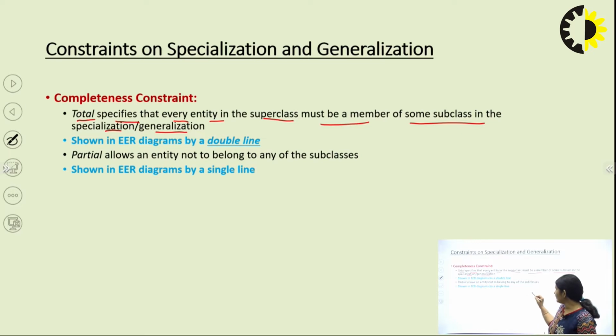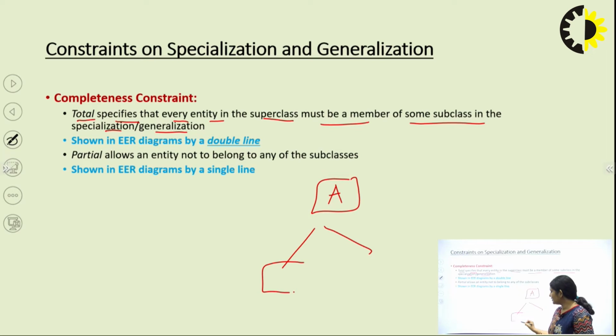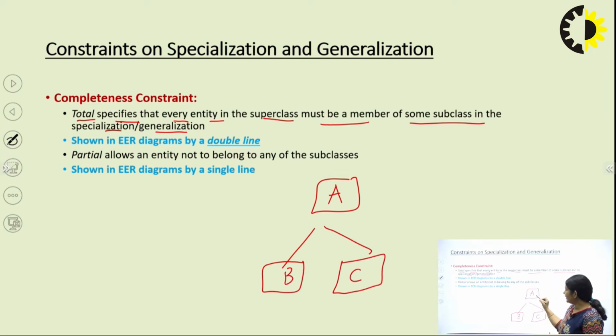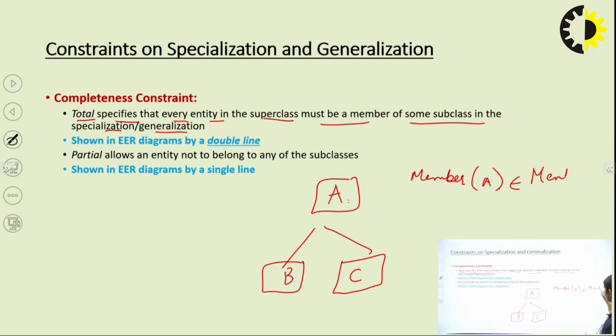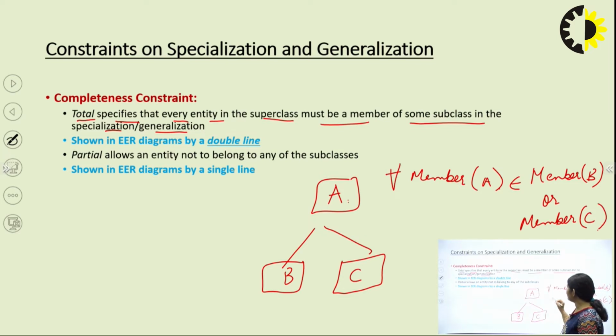That is, if we have class A at the superclass level and subclasses B and C, then every member of A should be a member of B or a member of C, for all the members of A. This is the condition. That is, there should be completeness over here.